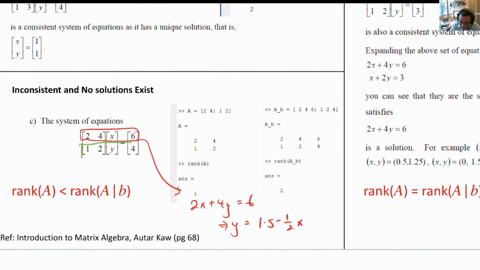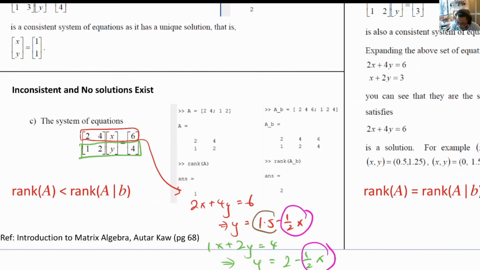In the second equation, we will write 1x plus 2y is equal to 4. When we evaluate this, we get y is equal to 2 minus half x. Now what is interesting is that both of them have the same slope. They just have different intercepts. Now let's draw this graph.